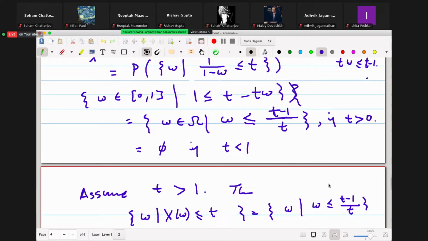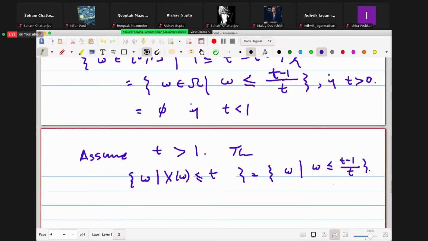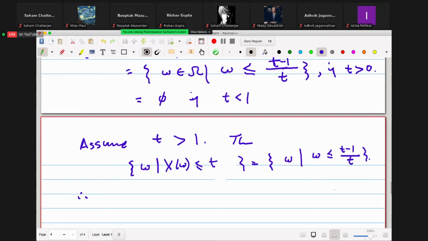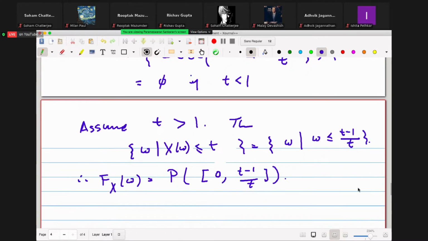Therefore, F of X of t is equal to the probability of the set 0 to t minus 1 by t, which you can compute. Of course, this is allowed. I'm not going to compute this. You can complete this.